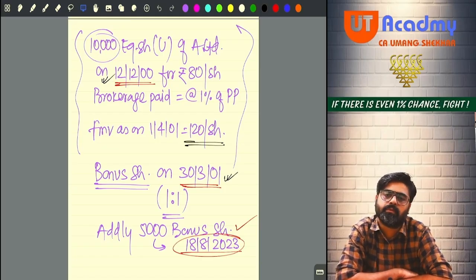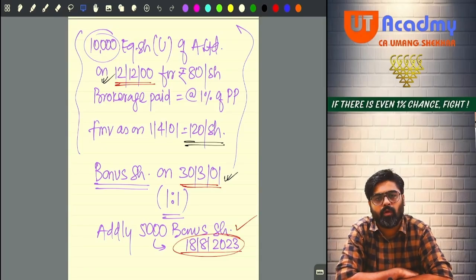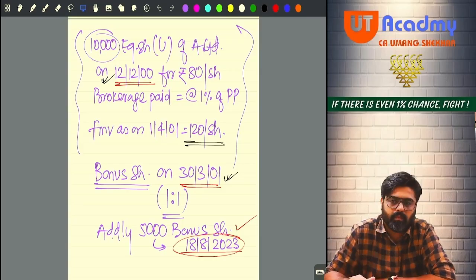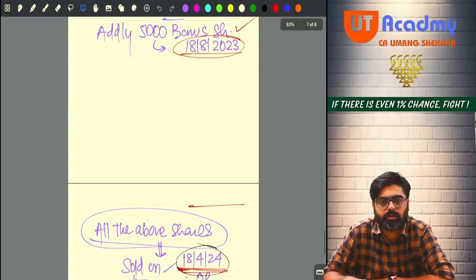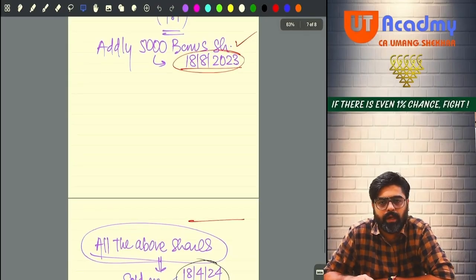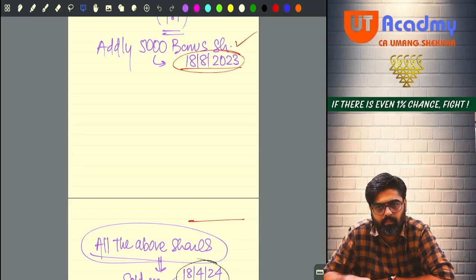Additionally, he was allotted 5,000 bonus shares on 18th August 2023.